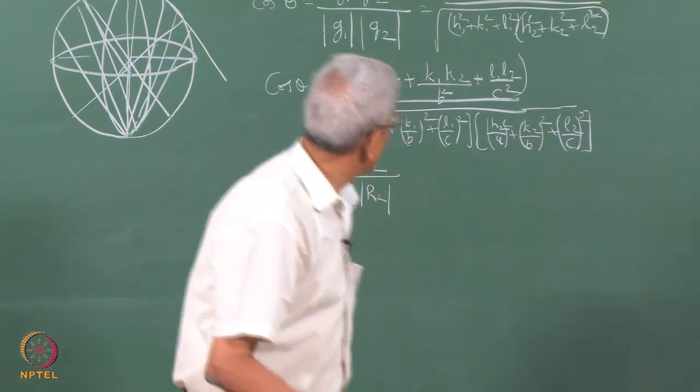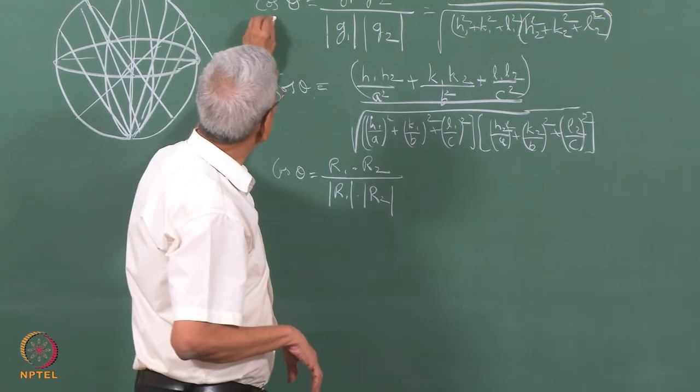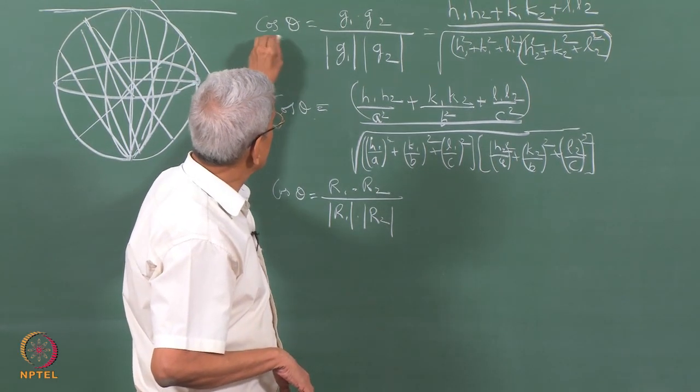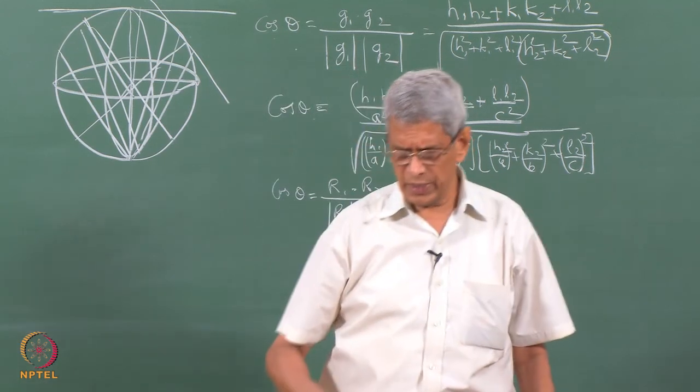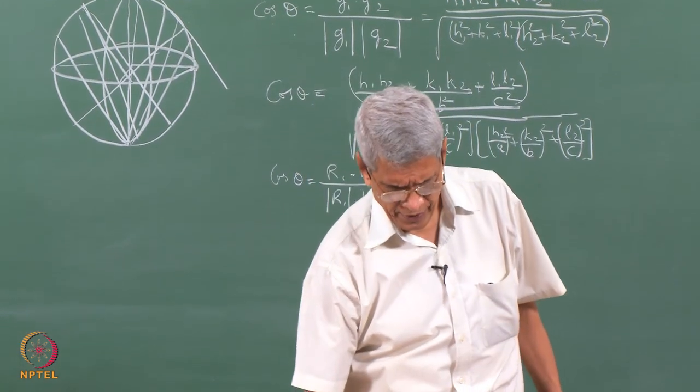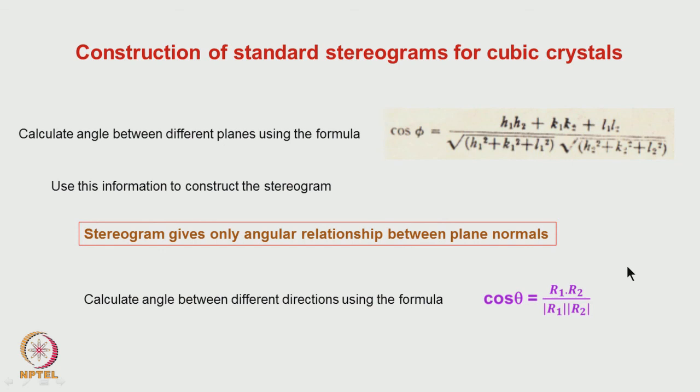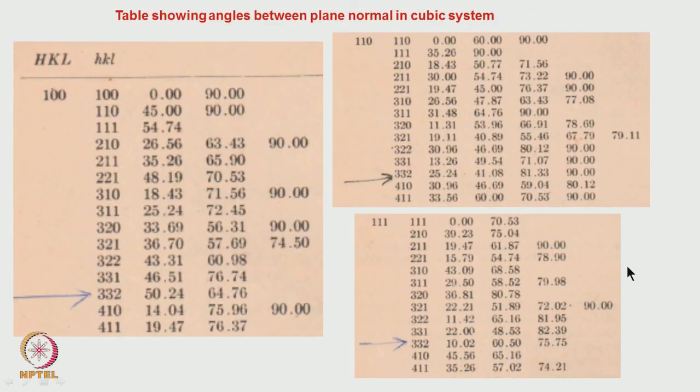So, considering the case of a simple cubic system, using this formula we can find the angle between the various planes, and these calculated values are given in this table. In this table, instead of H1 K1 L1, HKL is used, that is, capital and small letters are used to represent them.